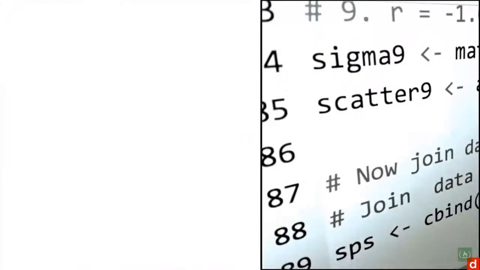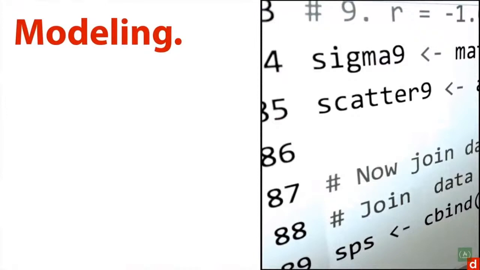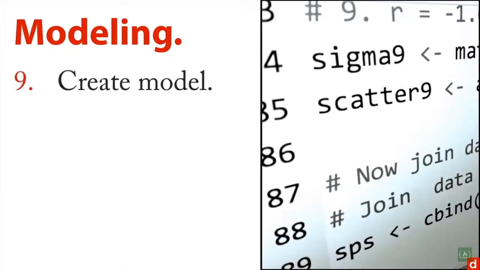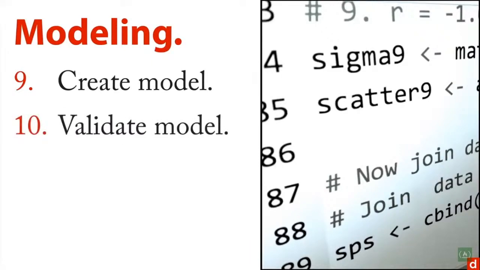The third group is modeling, or statistical modeling. This is where you actually want to create the statistical model. So for instance, you might do a regression analysis or you might do a neural network. But whatever you do, once you create your model, you have to validate the model. You might do that with holdout validation. You might do it with a very small replication if you can.